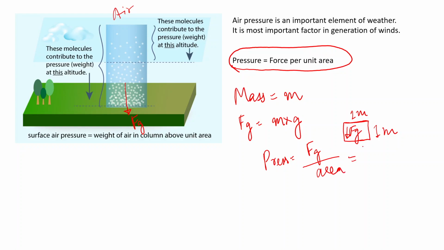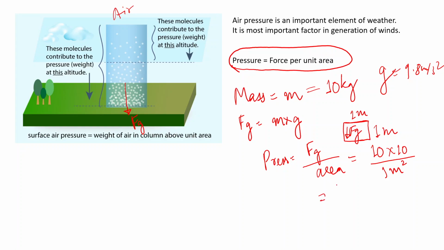So let us assume that the mass of the column over a particular location is 10 kilograms, and the area over which we have to find it out is 1 meter square, then the force is 10 multiplied by 10, approximately, because g is equal to 9.8 meter per second square, upon 1 meter square.